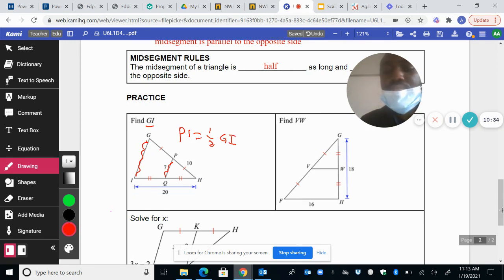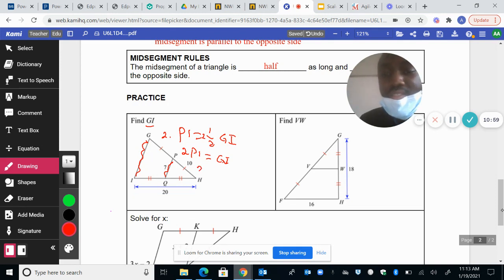If you multiply both sides by 2, 2 times PQ equals 2 times half of GI, which gives us GI. So another way of saying it is that the opposite side is always twice the mid segment.